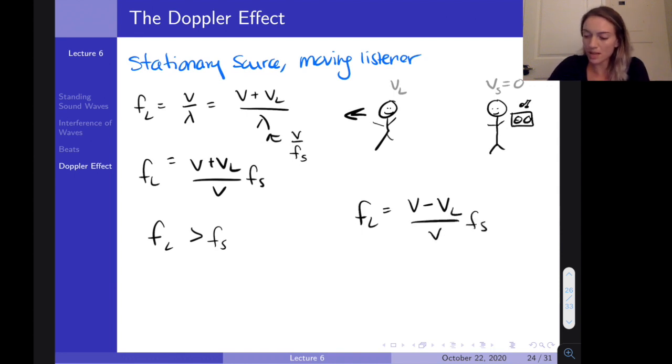Everything else would be the same, but this velocity would look like it's less because you're moving away from the source. Now you can see FL is going to be less than Fs, which is what we would expect, because if you're moving away from the source, you expect a lower frequency. That's because the numerator will be less than the denominator if we subtract VL.